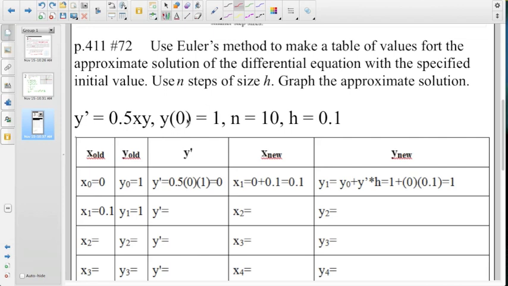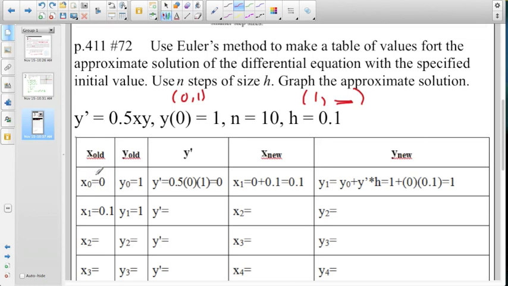We're going to start at 0, 1, so our starting point here is 0, 1. And we're going to go 10 steps with a step of 1/10. So we start at 0 and we should end up at 1, something. We will get an approximate value for the function at 1 after we go through these steps.